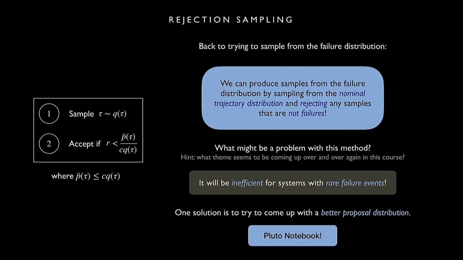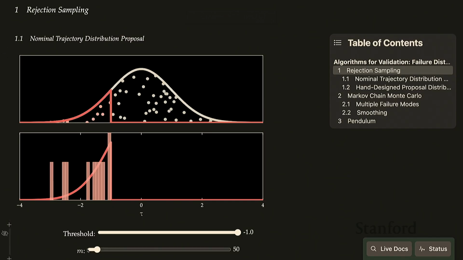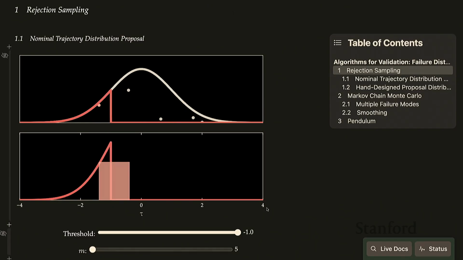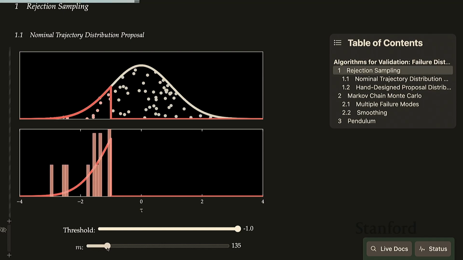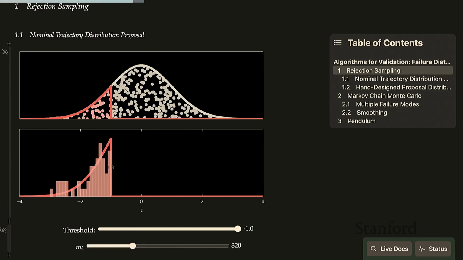Okay, so let's see a Pluto notebook for this. So this is what we were doing where we make our proposal distribution the nominal distribution. So this is exactly what we're saying. It's just this direct sampling idea, and we'll just reject the ones that aren't failures. As we increase the number of samples, this is showing that dartboard I was showing before, where the dartboard is shaped like this.